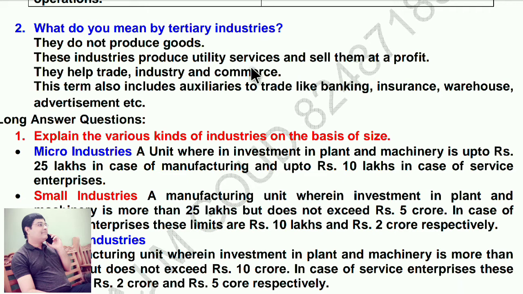These industries produce utility services and sell them at a profit. They help trade, industry and commerce. This term also includes auxiliaries to trade like banking, insurance, warehouse, advertisement, etc. So this all known as tertiary industries.